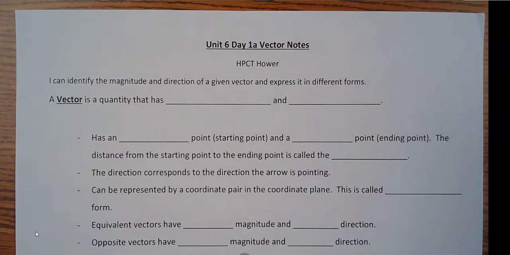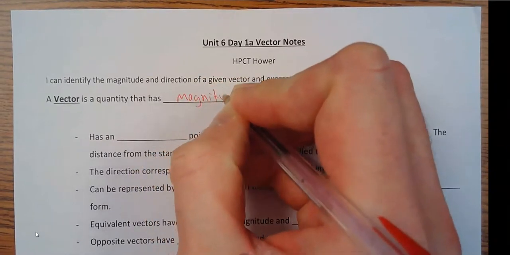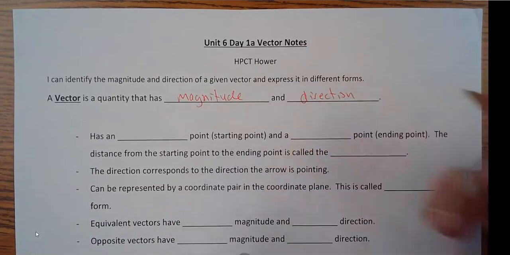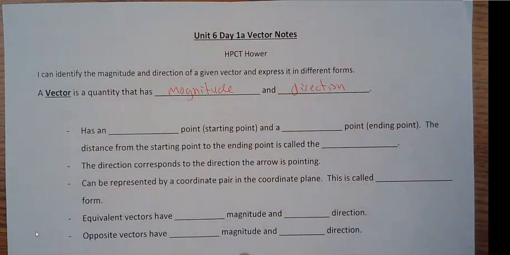So a vector is a quantity that has magnitude and direction. If it just has magnitude but no direction, then that's called a scalar. That's just like a number, but when you have direction, that's what makes it a vector.